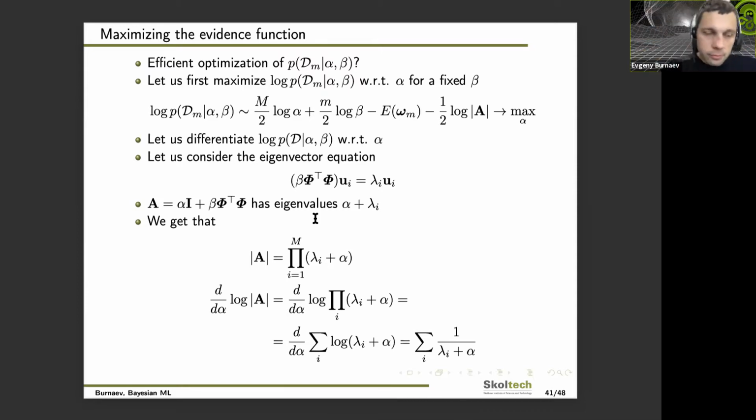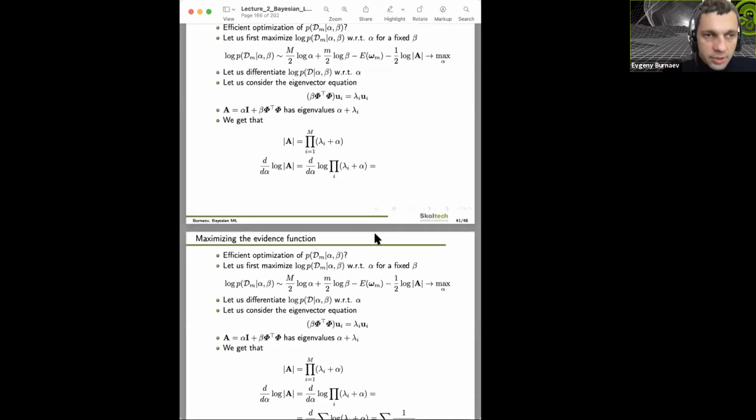Okay, so let us discuss now how we can apply the same approach in case of the relevance vector machine.